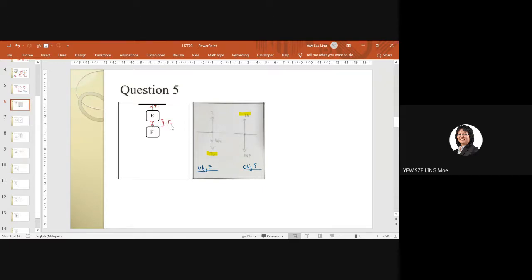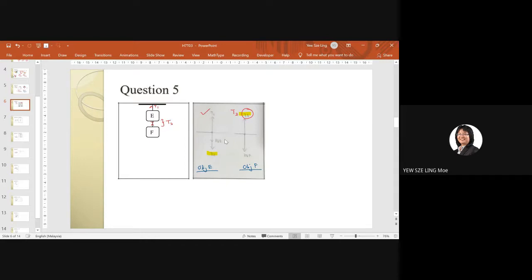Therefore, you should call it T2. So this is wrong. Because the string that is joining E and F together is the same string, this one should be labeled as T2. The first one is T1, which is correct because it's coming from a different string.